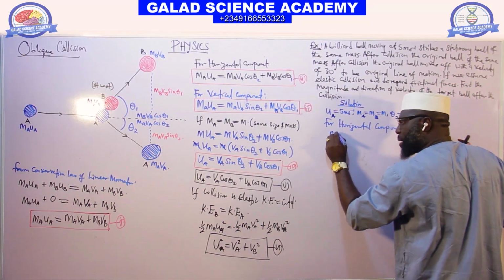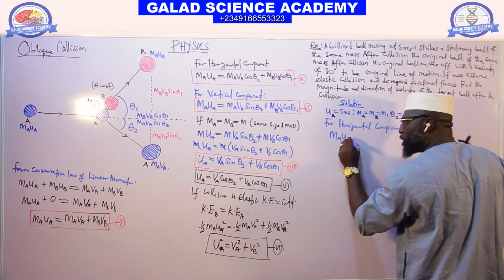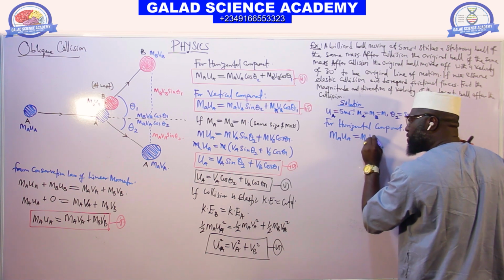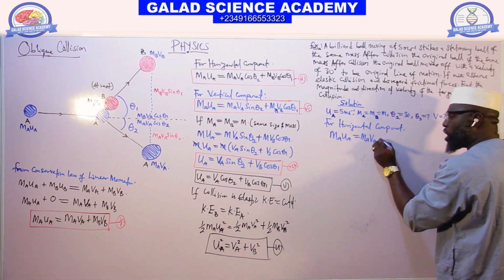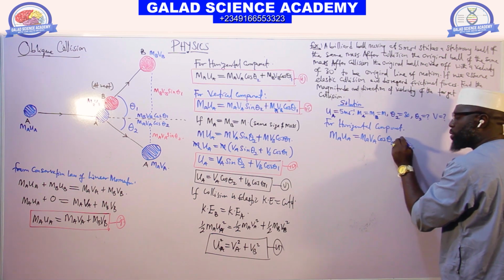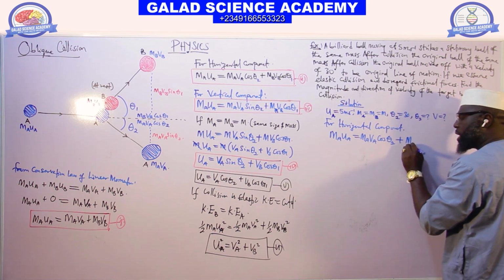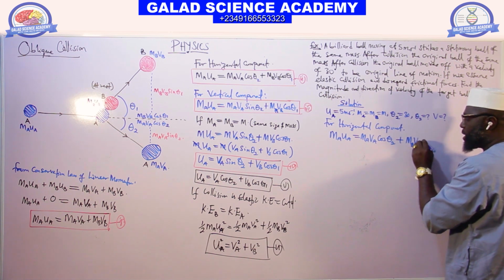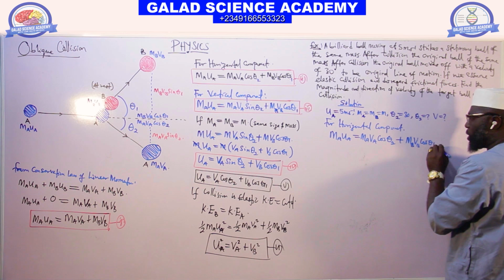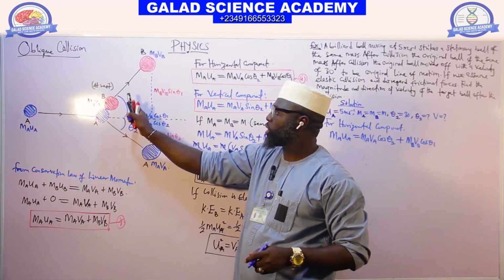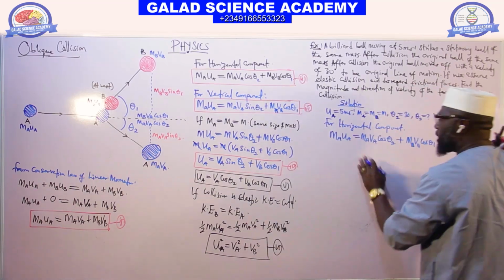We have MA UA equal to MA VA cos theta 2 plus MB VB cos theta 1, because the angle of VB here is theta 1. Let's substitute.